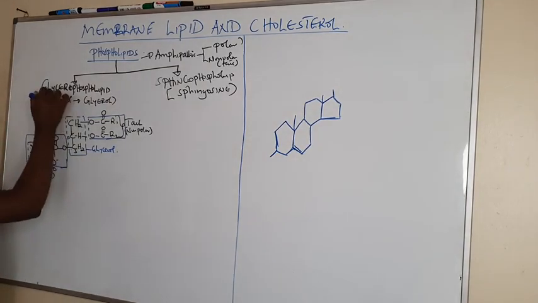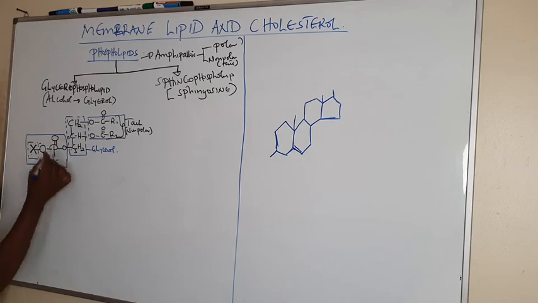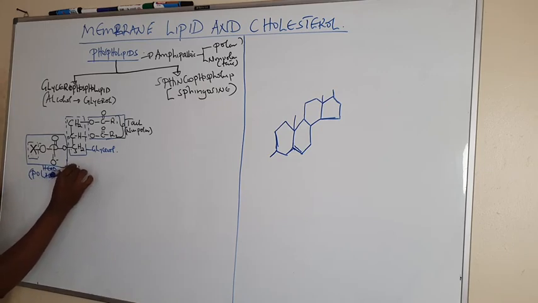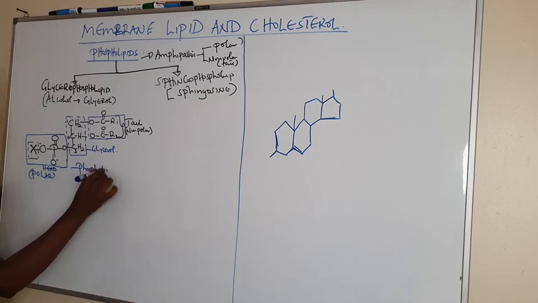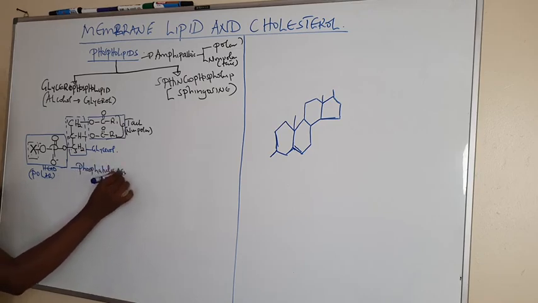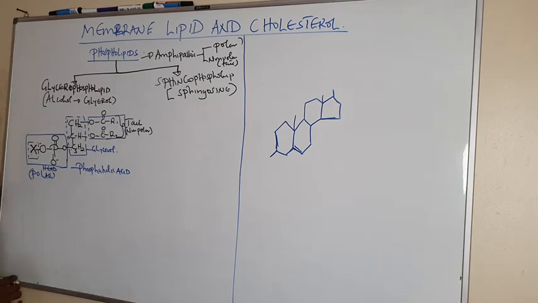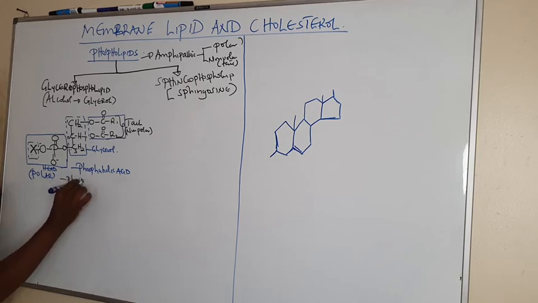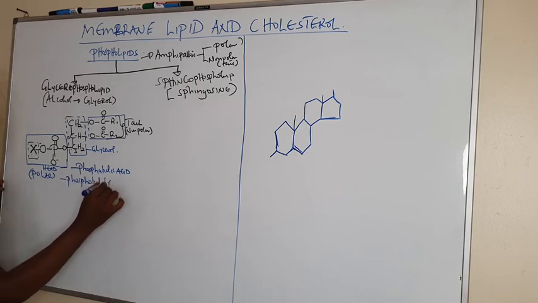And there are different examples of glycerophospholipids. For example, we shall have phosphatidic acid as the smallest example of glycerophospholipid. Another example, we have phosphatidylcholine.